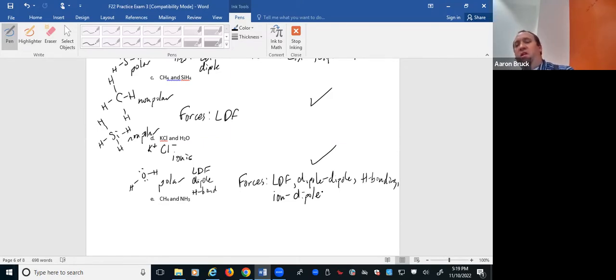Even though the London forces and the dipole aren't really traditionally there in the sense of potassium chloride, we don't think about them because next to the ionic bond, it's really, really small. But when we start to separate them from each other, we're going to see all of those forces in play.